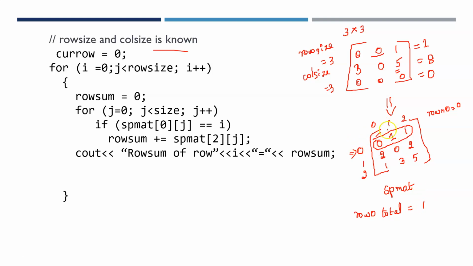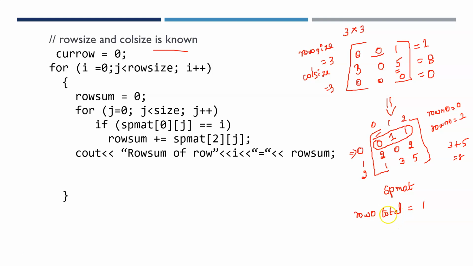Then again I start the same thing with the second row. What is the row number for the second row? It is 1. So I check the entries for 1. This 0 is not equal to 1. I come here, this is 1, so I take the value 3. Coming to the next entry, again 1, so I add the value 5, and I will have 8.